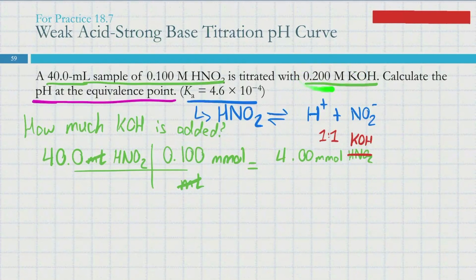And we've got our molarity of our potassium hydroxide, so we can figure out how many milliliters of potassium hydroxide we'd have to add. Then our millimoles cancel. We're left with 20.0 milliliters. Why did we need to figure that out?